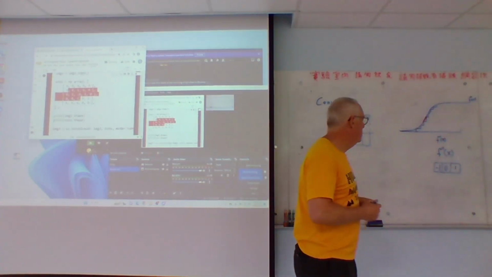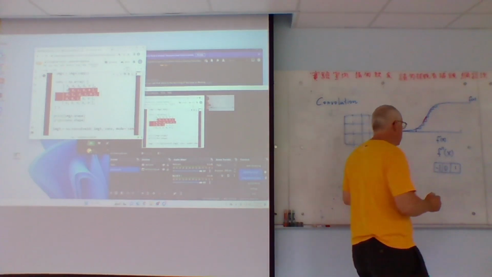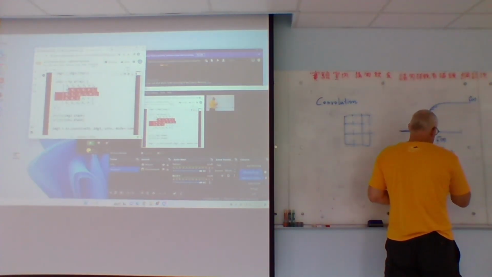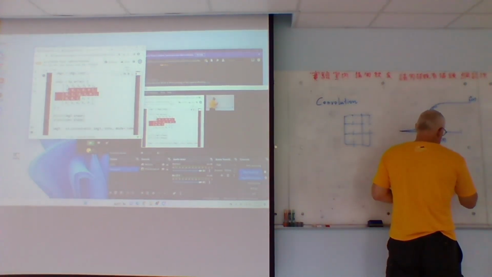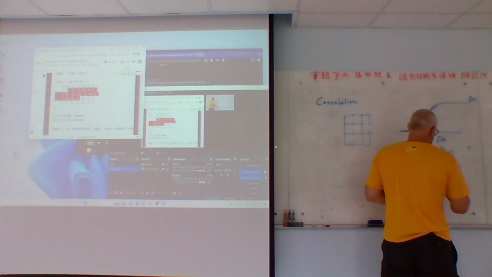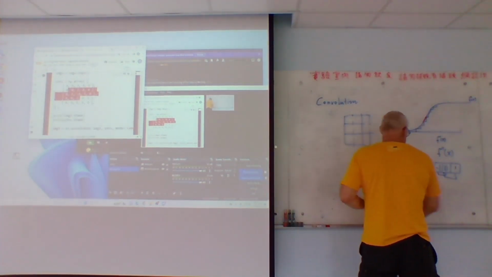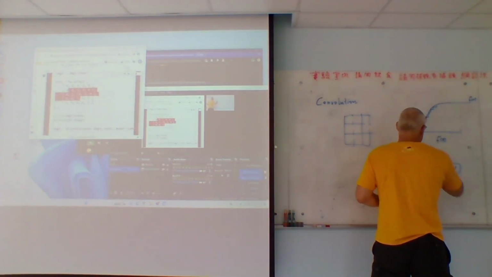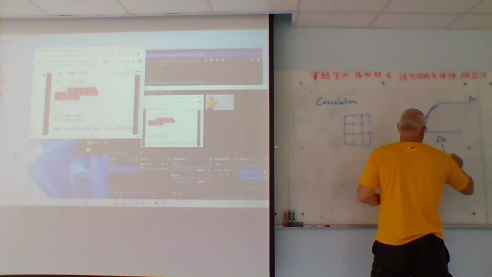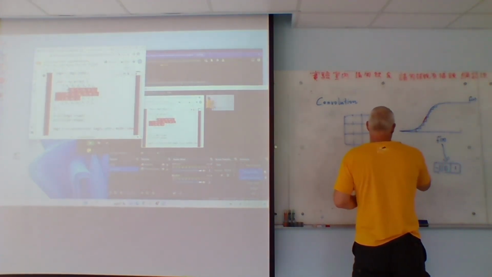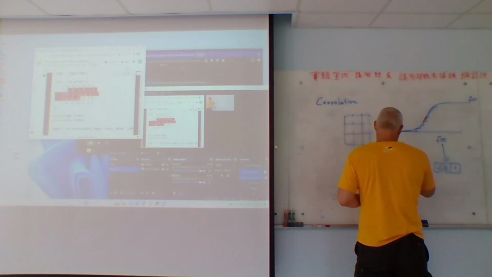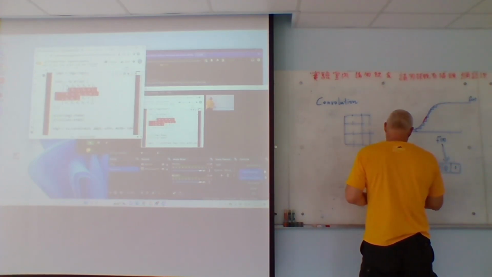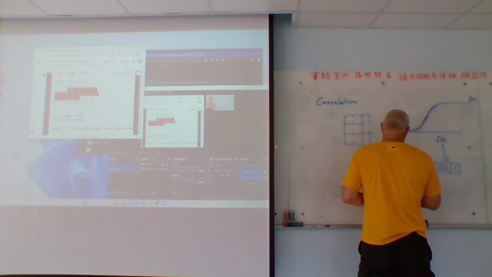So the way I want to think about that is that I need two derivatives, right? So I can take those two. This is this one, and the second derivative of x would be the change in the derivatives.